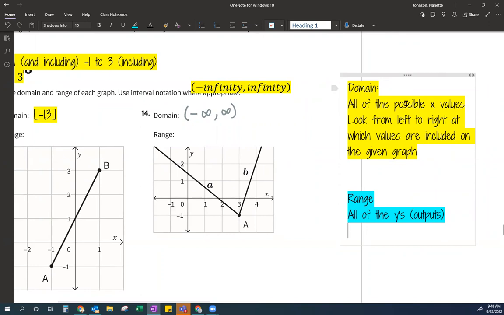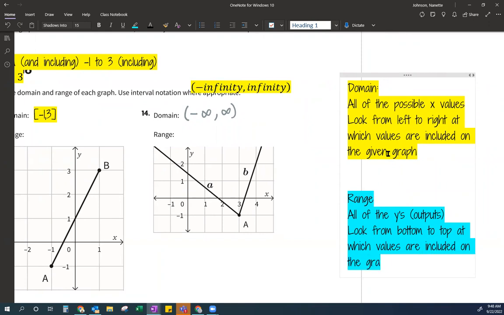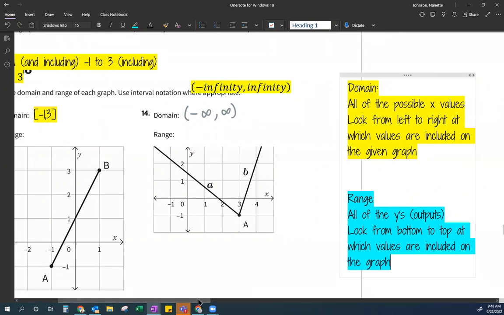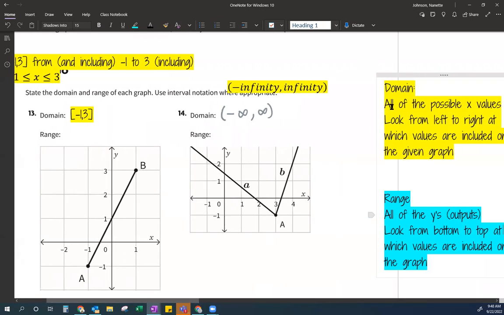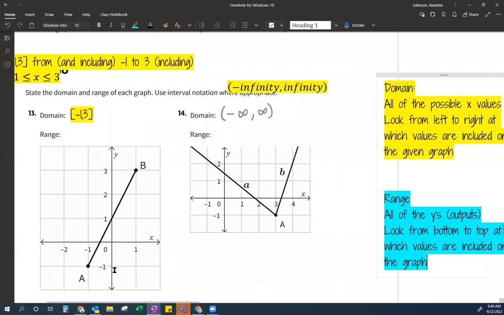So I'm going to look from bottom to top at which values are included on the graph. So hopefully you're seeing the similarity, but the differences between domain and range, right? So here, you want me to look from the bottom to the top. What's the lowest value you see? The lowest value I see is -1.